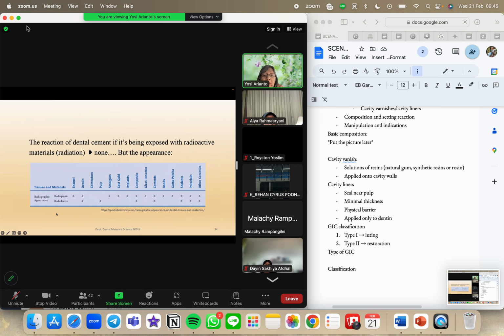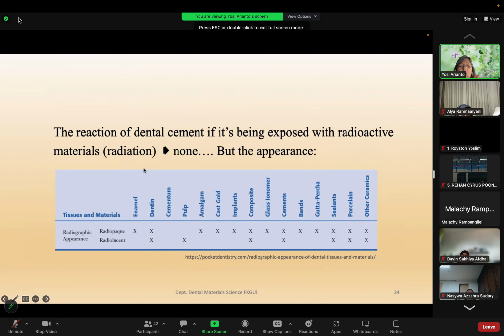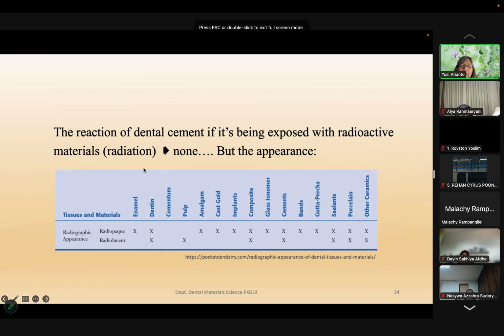radioactive material. I mean, there is no effect on the dental cement, but the effect is the appearance. Yeah, here you can see usually radiographic appearance of restorative material is radiopaque, yeah, or radiolucent, yeah.